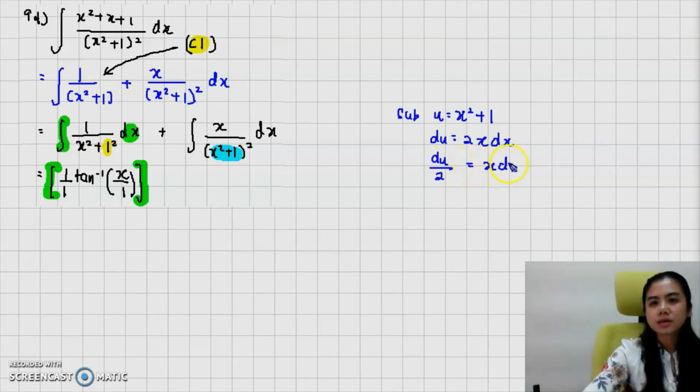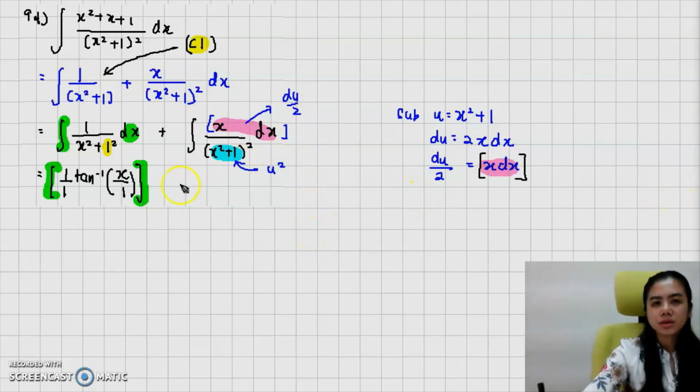So this x dx you can change to du over 2.